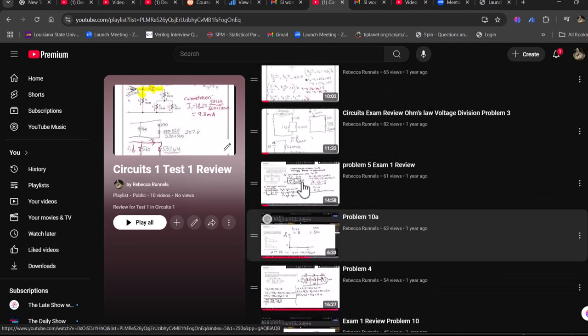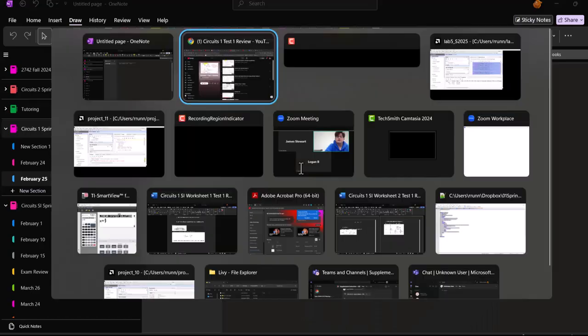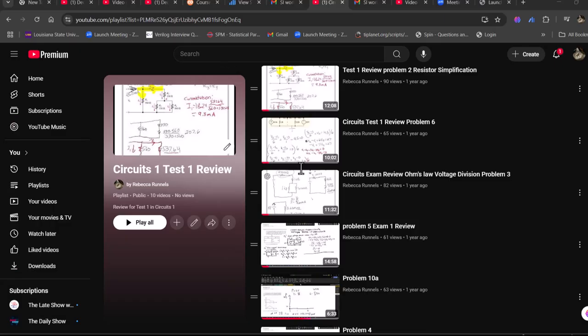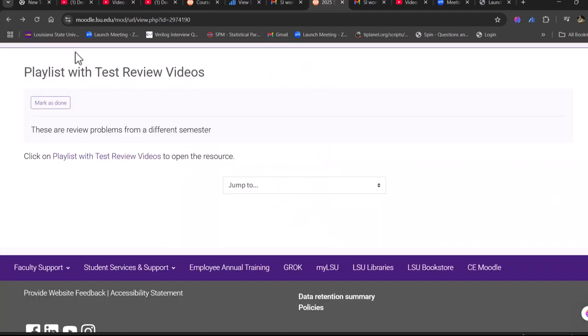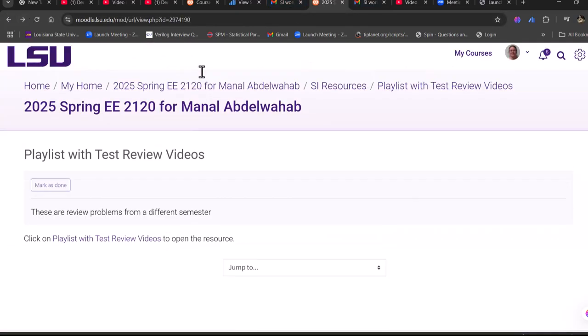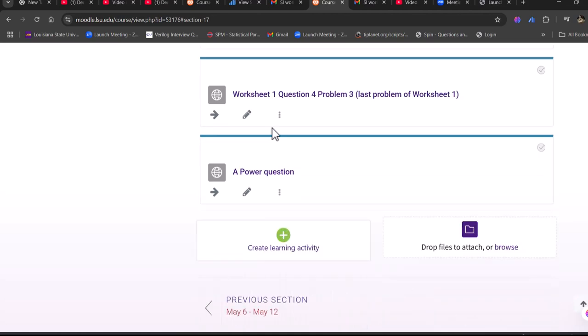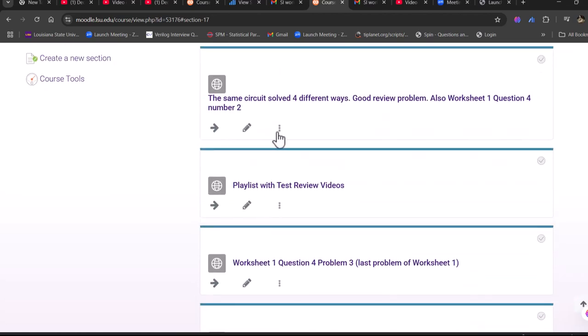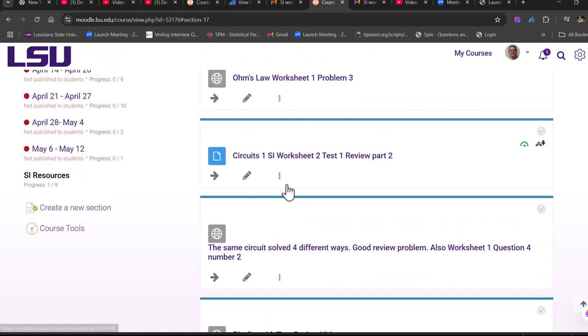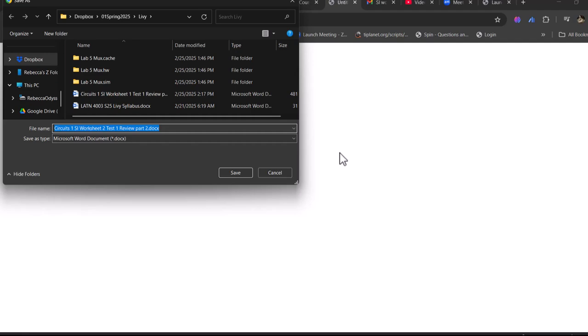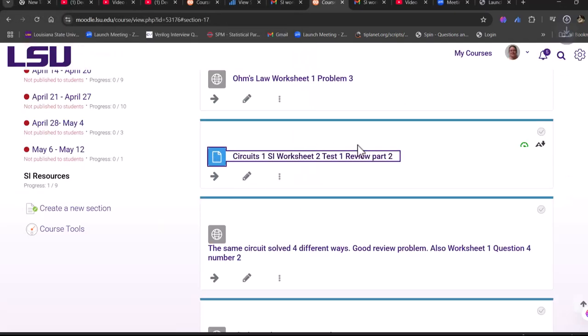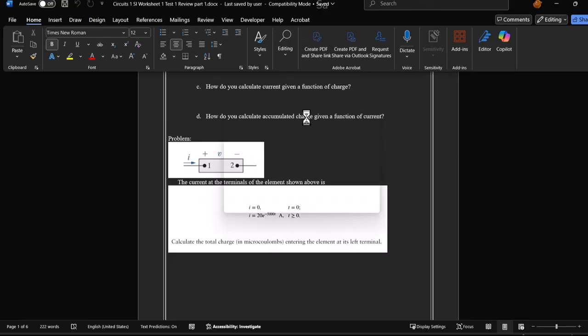So these recordings are solutions to this worksheet. If you're looking at this worksheet, that playlist has solutions to, I believe, everything on here, but maybe not everything.